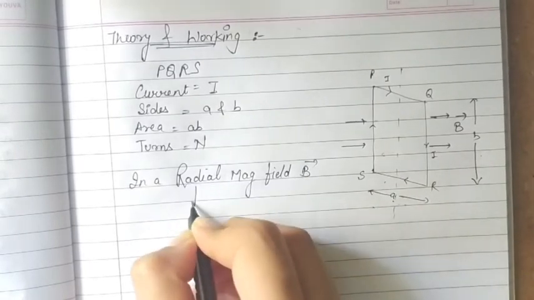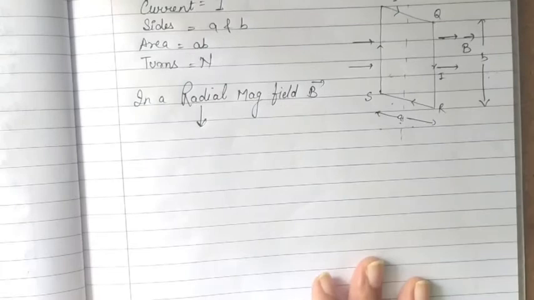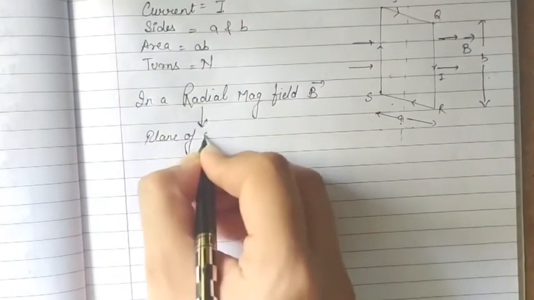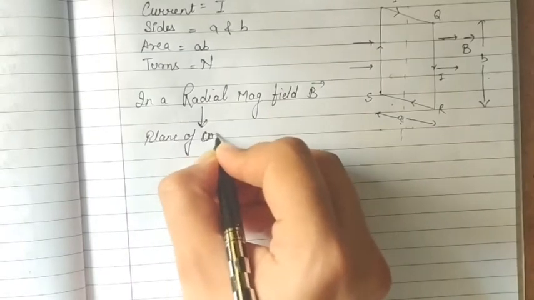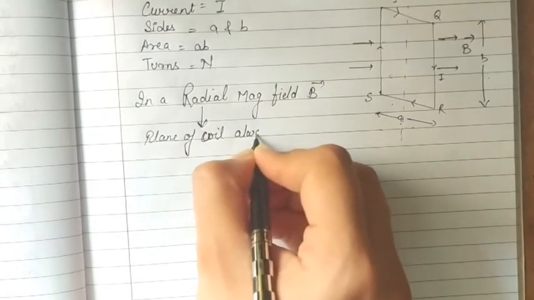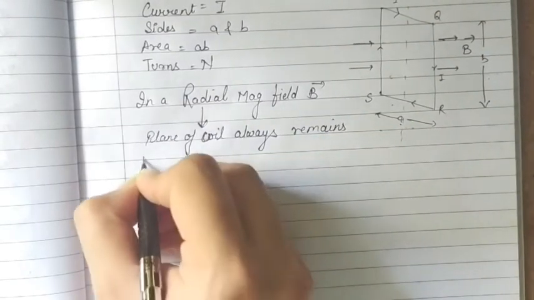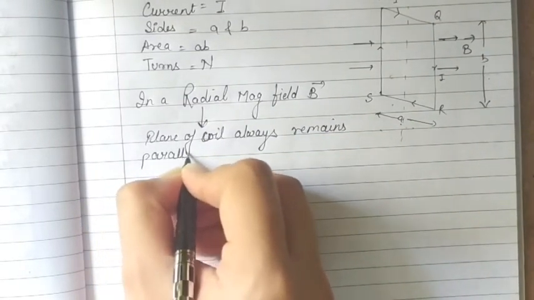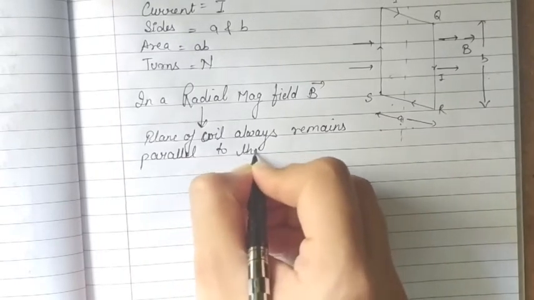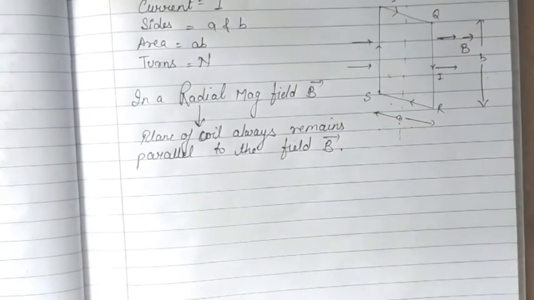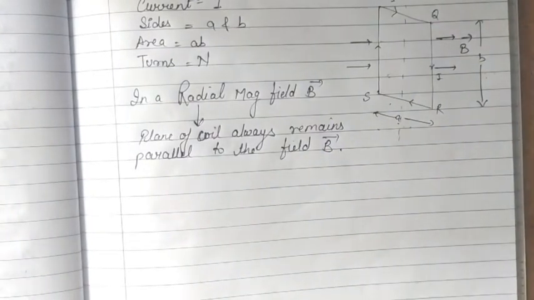Now the word radial means along the radius, that means the plane of the coil always remains parallel to the field capital B vector. Okay, so the field that we are using is radial, that means the plane of the coil always remains parallel to the field B vector.